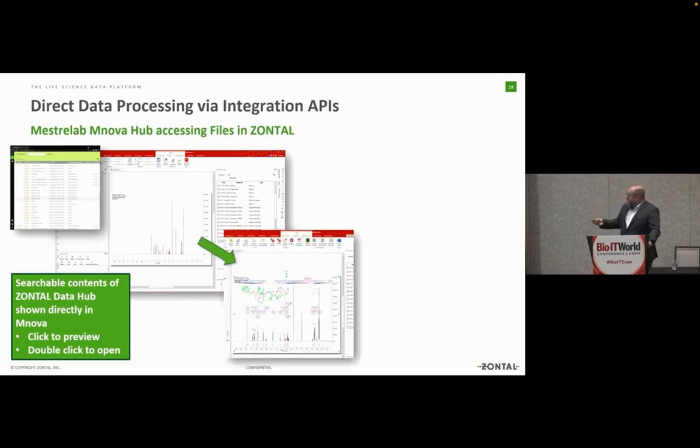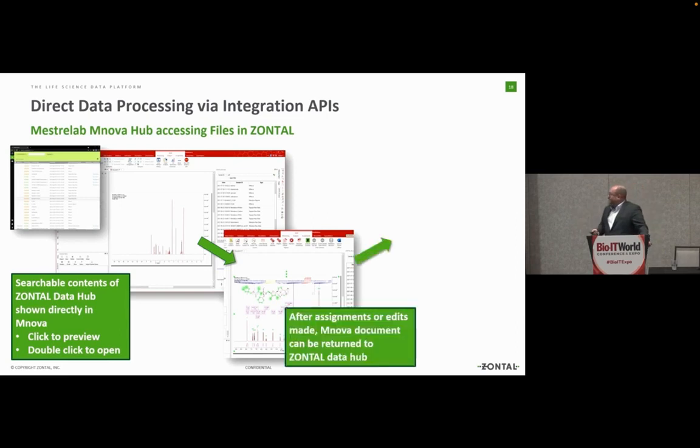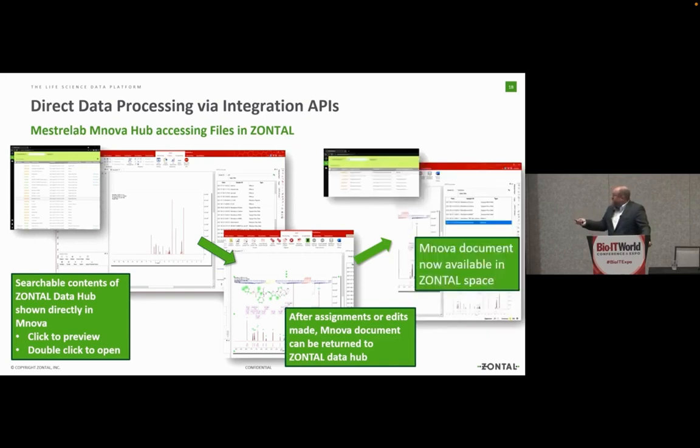What the scientists are creating here is, of course, a full analysis of that NMR result. And then we save it back into ZONTAL. Other people can again see it. It is connected to the original run, to the original experiment, including all of the metadata, even to the point where it's connected to the ontology, so that you can even search for it in a couple years' time.